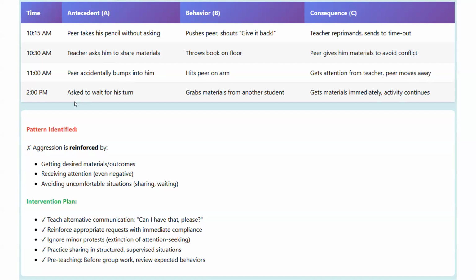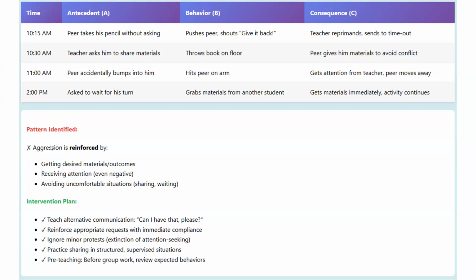At 2 p.m., when asked to wait for his turn, he grabs material from another student. That is the behavior. After that, he gets the material immediately and continues actively. So we have to analyze all these things.